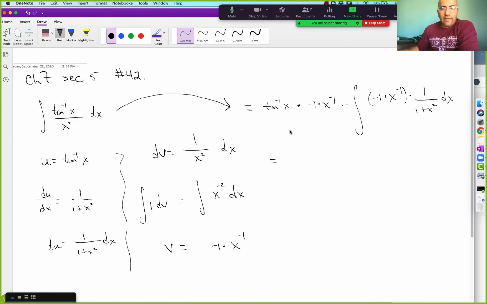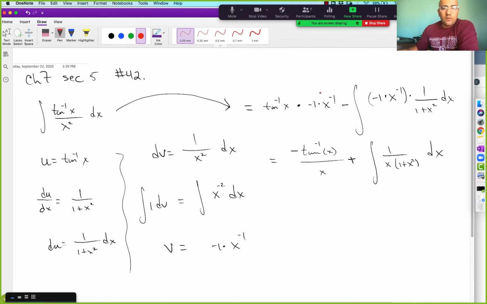All right, so let's simplify that. This is the same thing as negative 1 over x. So this is just going to be negative tangent inverse of x over x plus the integral of 1 over x times 1 plus x squared dx.